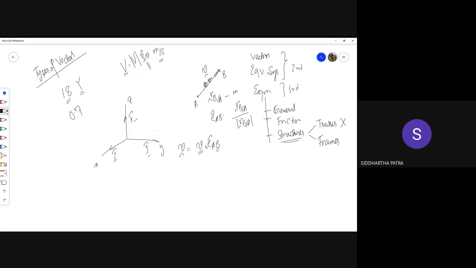But with vectors, there are a few other things. Apart from these quantities, such as the magnitude, direction, then your unit, there are a few attributes of a vector.